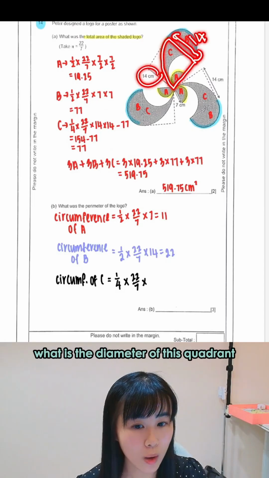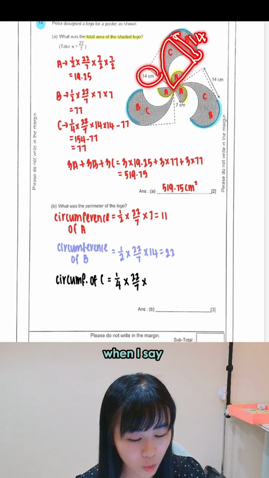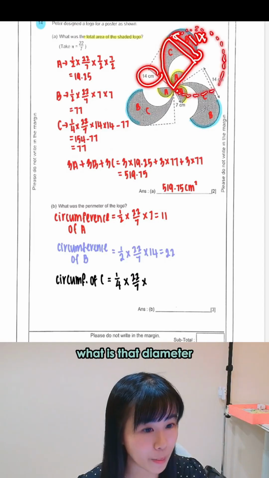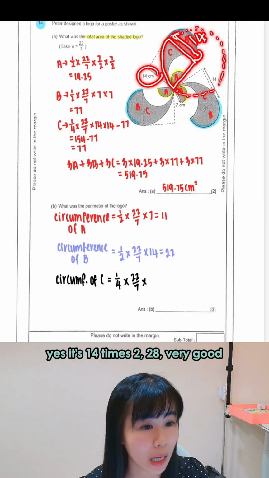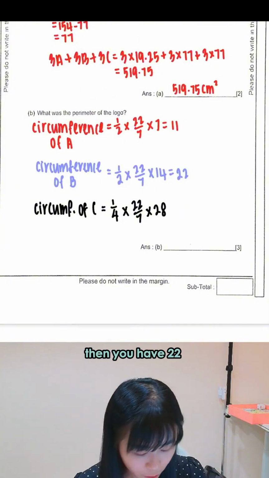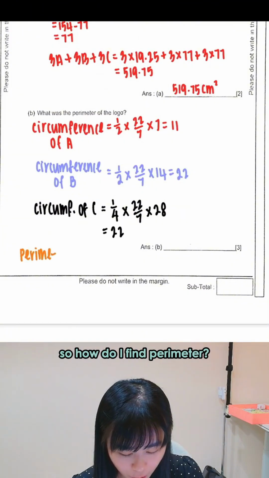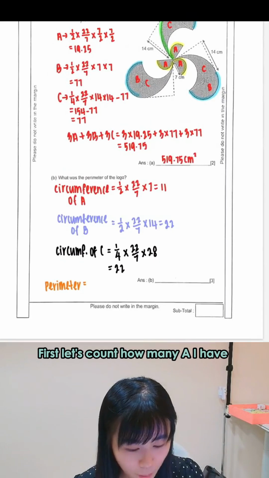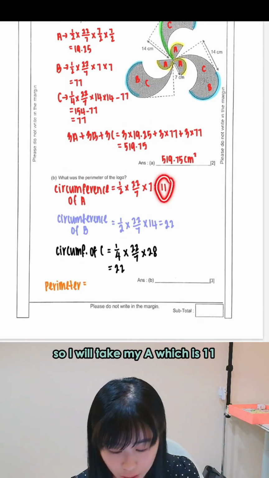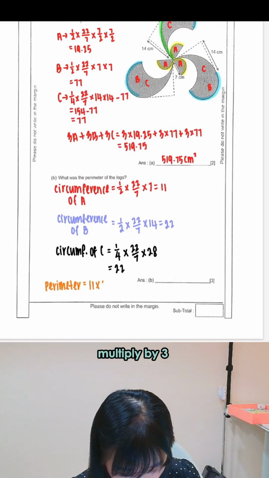Could you let me know what is the diameter of this quadrant? When I say diameter of this quadrant, you must imagine it's the whole circle at that time. What is that diameter? Yes, it's 14 times 2, 28. Very good. So you times 28, then you have 22. So how do I find perimeter? First, let's count how many A I have. 1, 2, 3. So I will take my A, which is 11, multiply by 3.